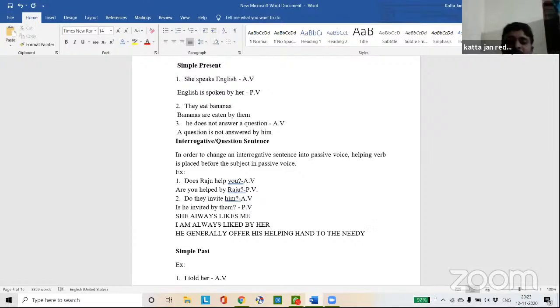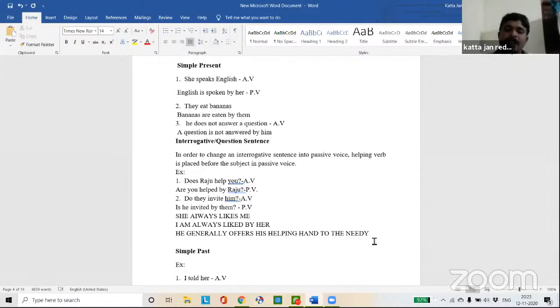He generally offers, sorry. Why? Because generally is used only in simple present. And when simple present is given, and when subject he is used, there should be V5, not V1. So he generally offers his helping hand to the needy. To the needy means the people who are in need, right?